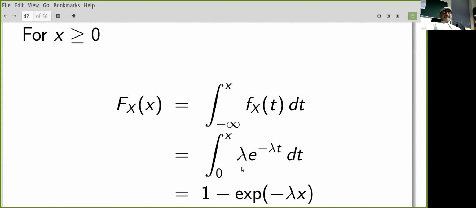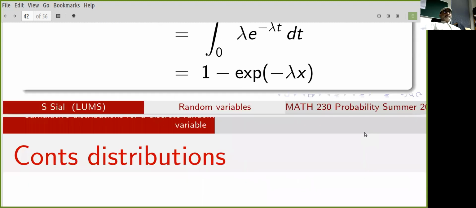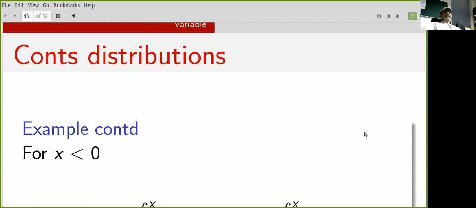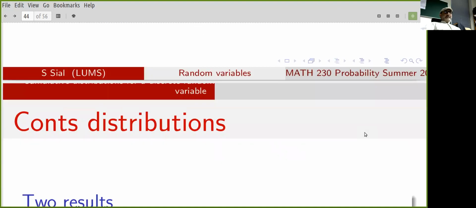The PDF is lambda e to the negative lambda t on that interval. Integrate that with respect to t, and you'll get 1 minus exponential of negative lambda x. For x less than 0, the contribution is 0, so we're not going to worry about that.